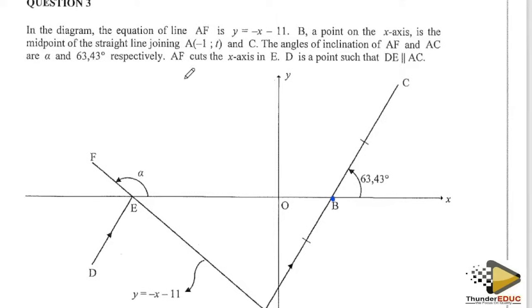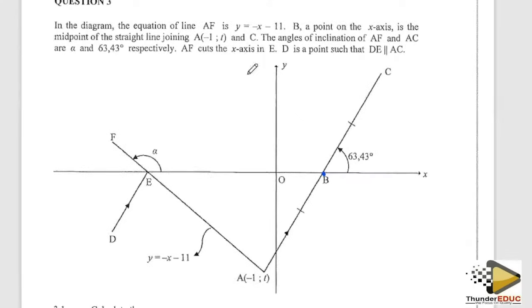The straight line joining A, which is down there. Okay. It's joining A and C. The angles of inclination are alpha, and then the 63.43 respectively.